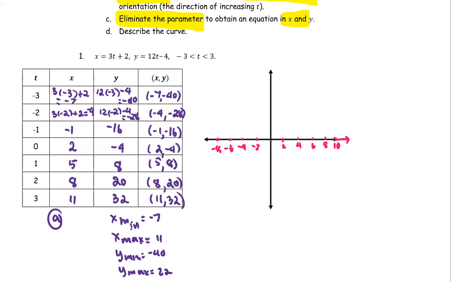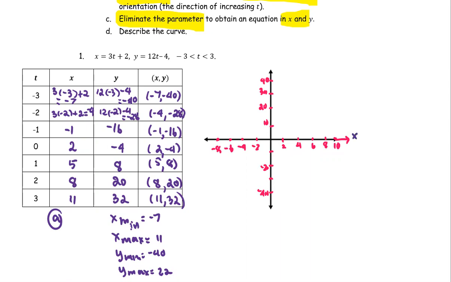Since the y max is 32, we get 10, 20, 30, and 40. Similar here, -20, -40 here.